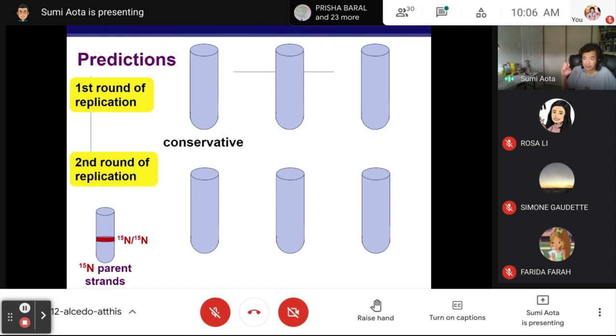In conservative replication, in other words, if old strand stays with old strand and new strand stays with new strand, when you look, what you should get is one line at N15 and one line at N14. Why?